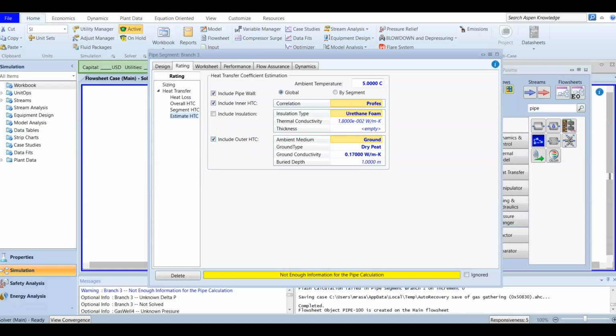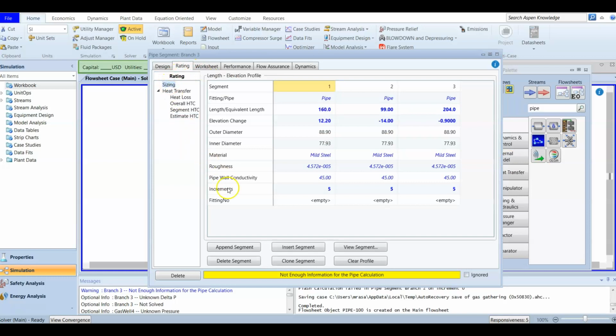Okay, as I mentioned before, the number of increments that I'm dividing each segment into must be increased. So instead of 5, which is the default, I'm going to increase it to 10. How to find this one? From rating, go to sizing again, and the number of increments here, we are going to increase to 10 for each one, because here we are dealing with 3 phase.